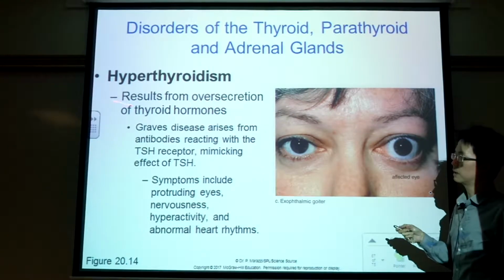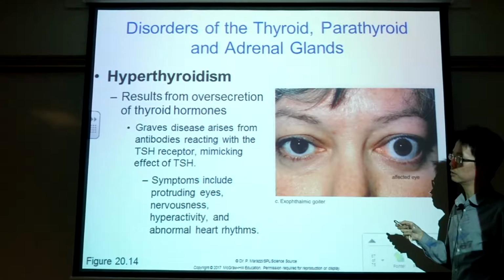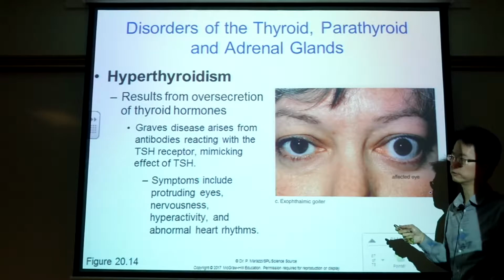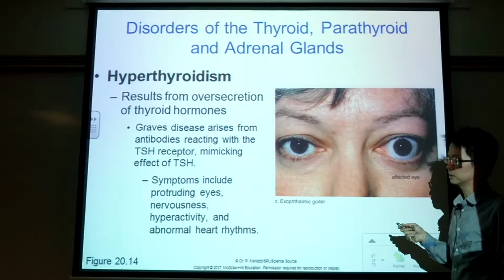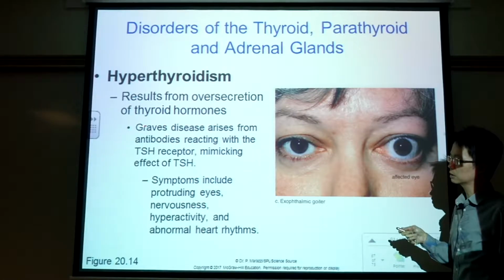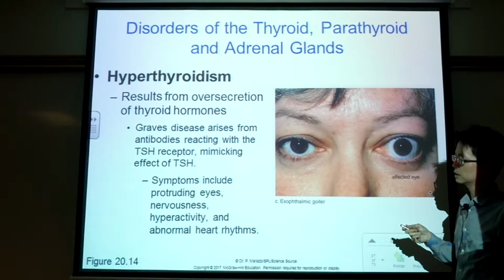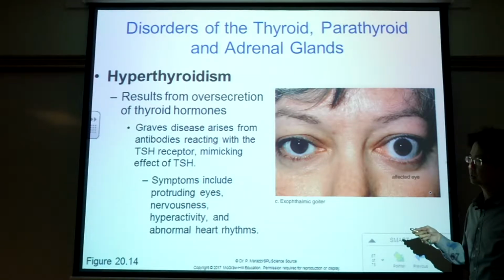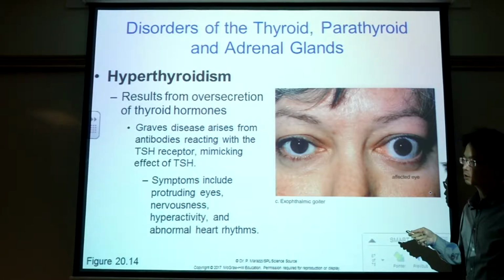Hyperthyroidism. Hyper means that we have a lot of thyroid hormone secreted. This is like the opposite of goiter. Too much thyroid hormone can be caused by Graves' disease, where antibodies in our body work on the TSH receptor, mimicking the effect of TSH.